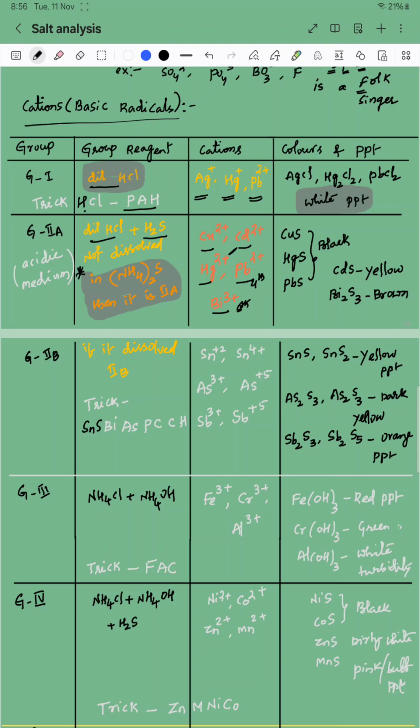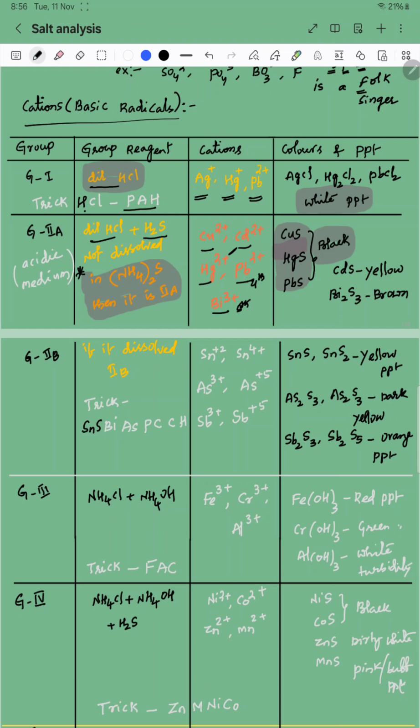Right. Now if the second A group cations react with dilute HCl, followed by H2S, hydrogen sulfide, it gives a black precipitate, right? Color questions are asked, student. Copper, mercury, lead, everything will form a black color precipitate only.